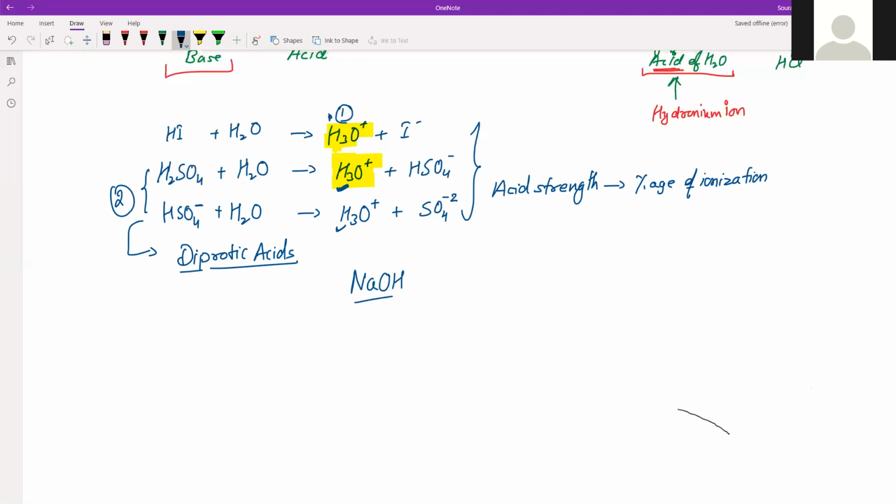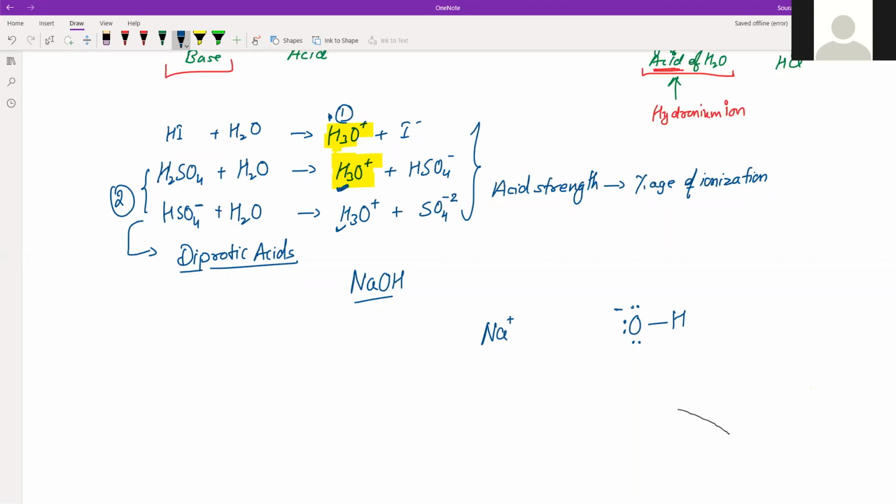Sodium hydroxide has a sodium ion and an OH negative ion. The OH has an O and H, and on oxygen, when this breaks, it will have an extra lone pair, so there will be a negative charge. And Na has lost its electron, so it has a positive charge.